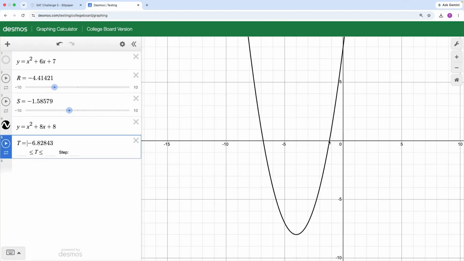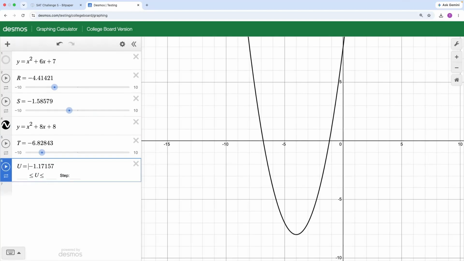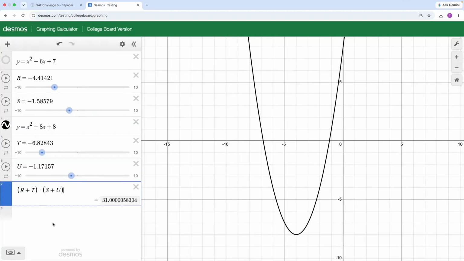And the right intercept is approximately negative 1.17, so I'll store that as u. Now we can use the same expression from before, (r plus t) times (s plus u). We get this value. That's extremely close to 31, but it's not exactly 31.